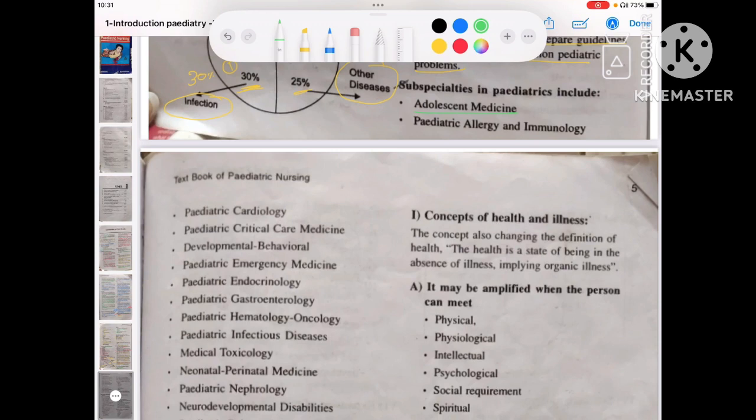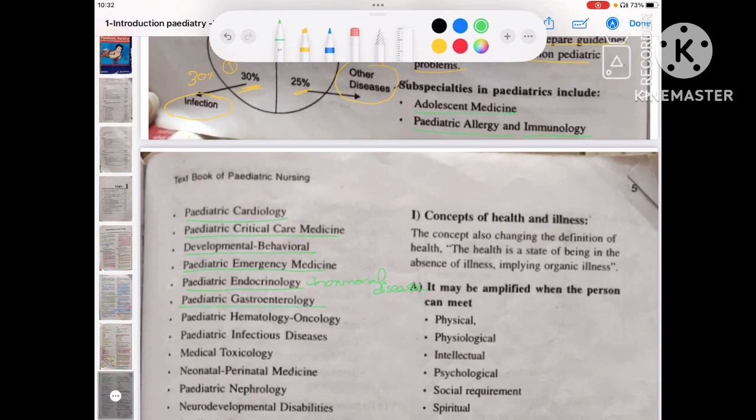Then pediatric allergy and immunology, pediatric cardiology, pediatric critical care medicine, developmental and behavioral pediatrics, pediatric emergency medicine, pediatric endocrinology, which is related to hormonal disease that children may have.